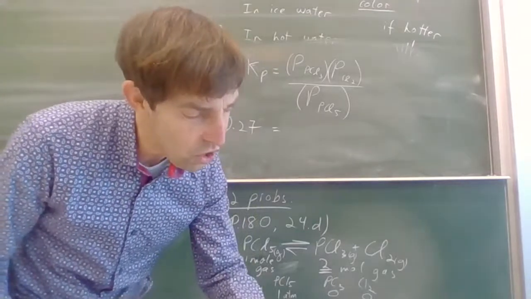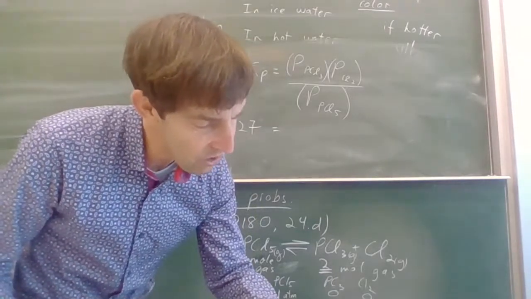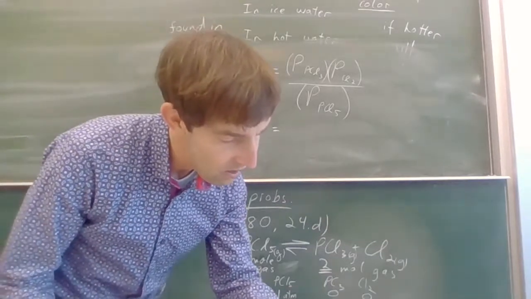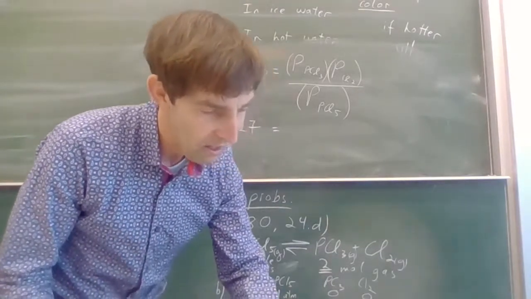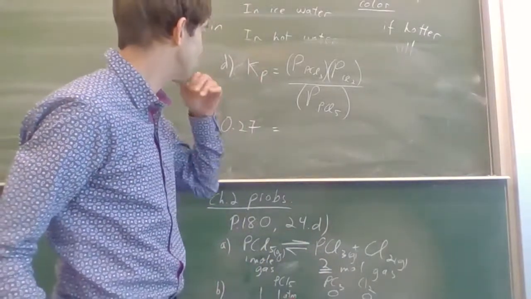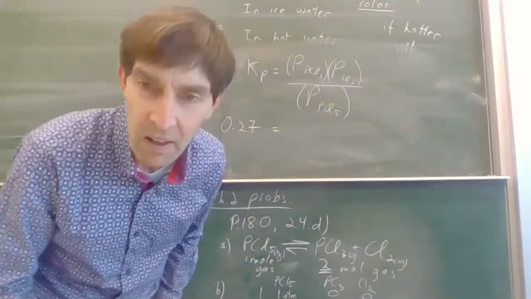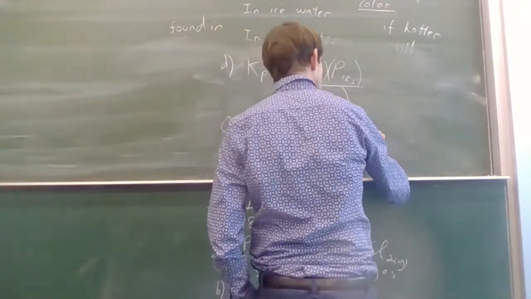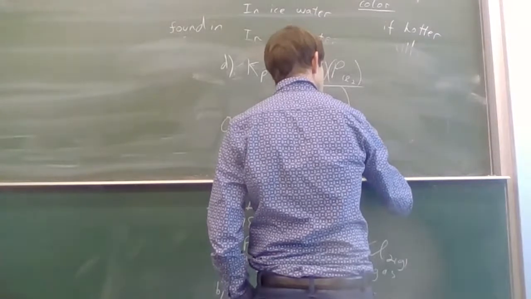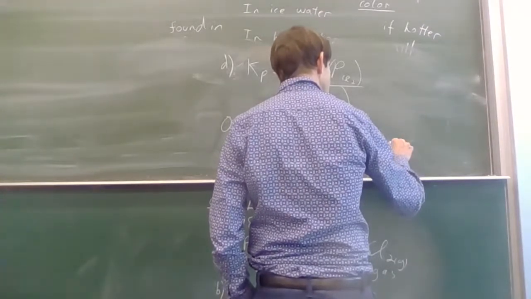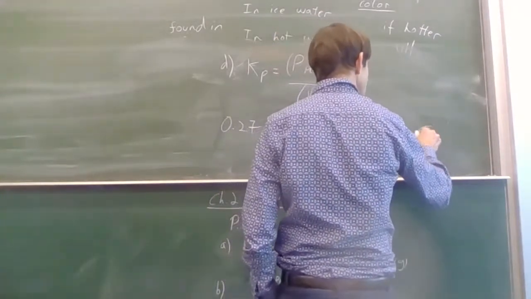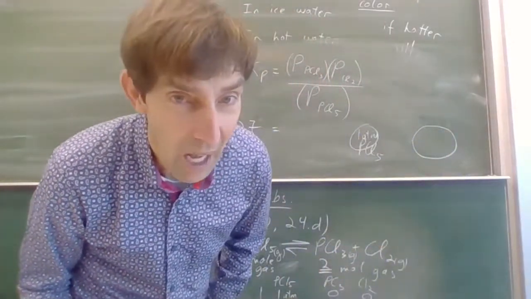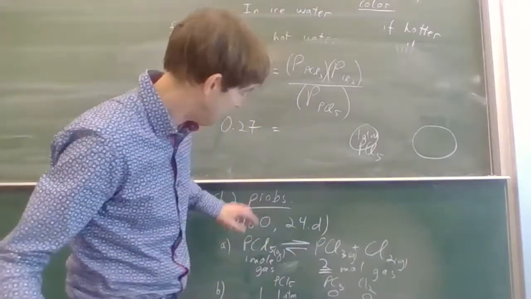So D, what would you do to get the total pressure if the reaction were to go to completion? Actually, I don't even think I need that for D. Hint, everybody, I got 1 atmosphere here of PCl5. If it goes to completion, then I've got how many atmospheres of each one.